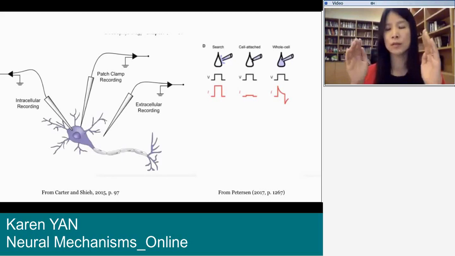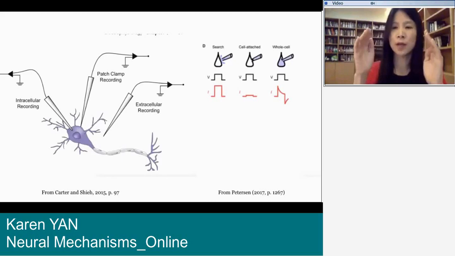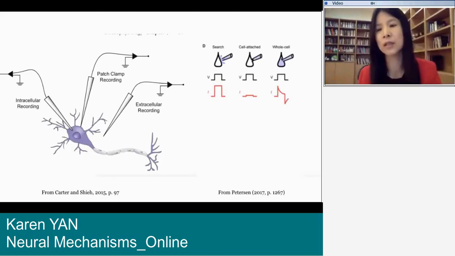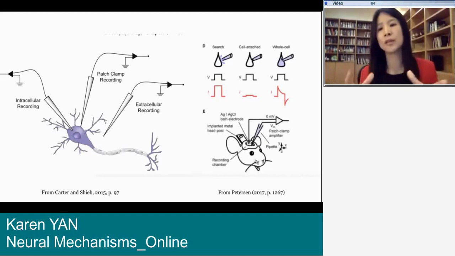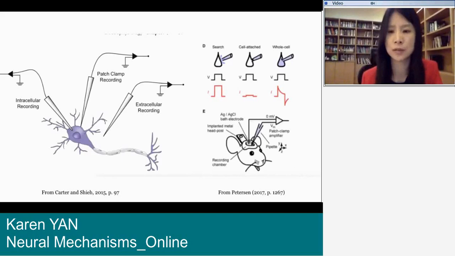Then it prevents the electric signal from leaking, and that increases the quality of their signal and data as well. And then of course they have a way to fix rodents' heads, so the head movement will not cause artifacts. They can fix the head, then they can prevent the artificial signal.